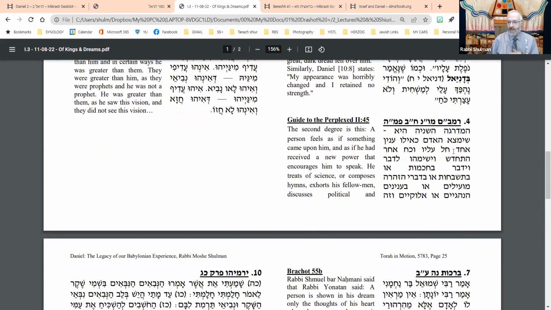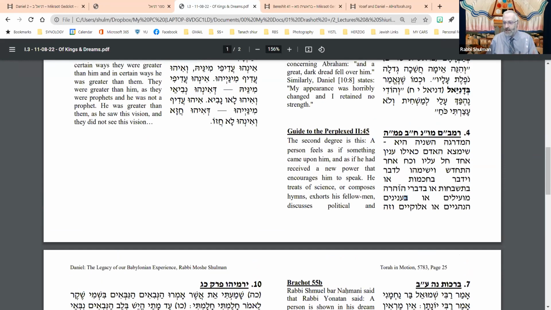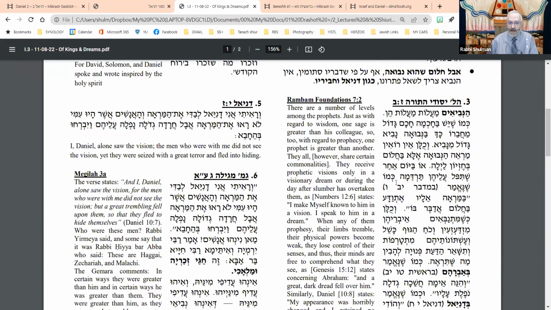A person feels as if something has come upon him, receives some kind of new power that encourages him to speak, and he speaks in wisdoms, or in hymns and exhortations to his fellow men, or he discusses political leadership issues, or divine matters.